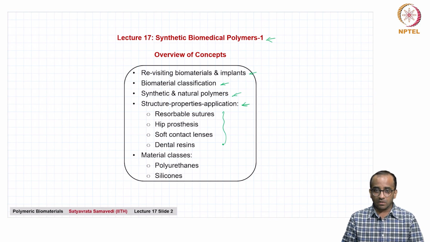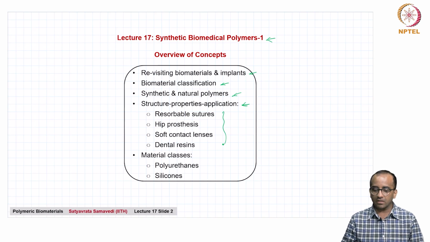From a material perspective, what does the application demand, and based on the demand, how are the polymers chosen, and based on the polymer's structure, how are the properties governed, and based on the properties, what is the function of the polymer in that particular application.